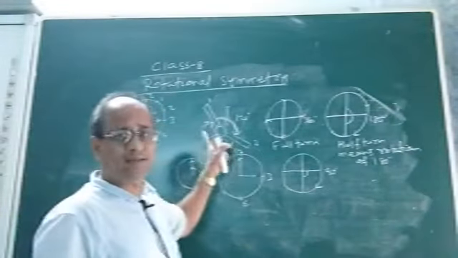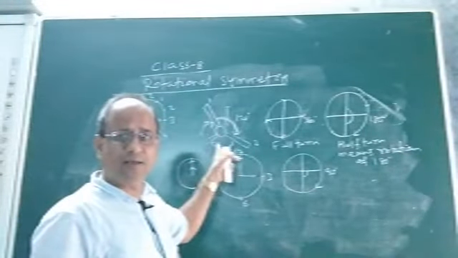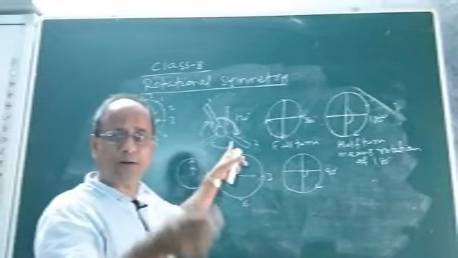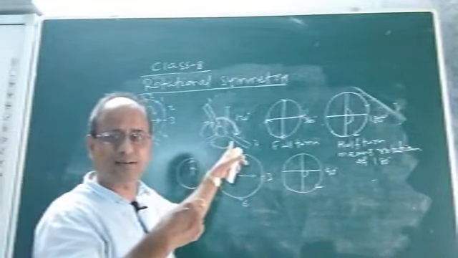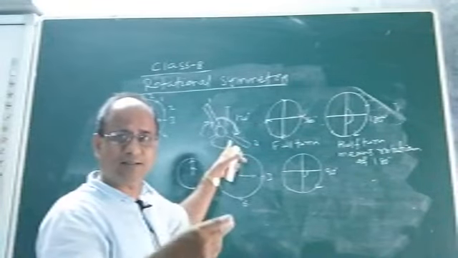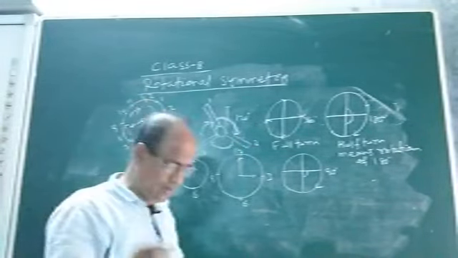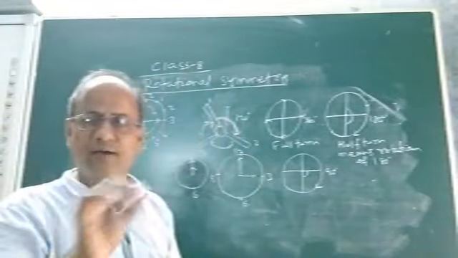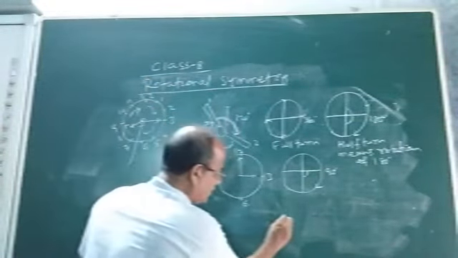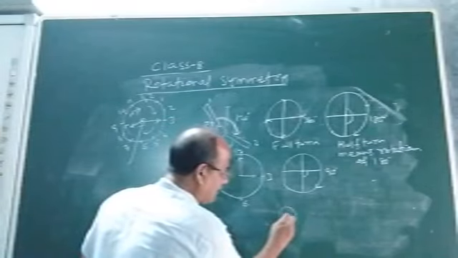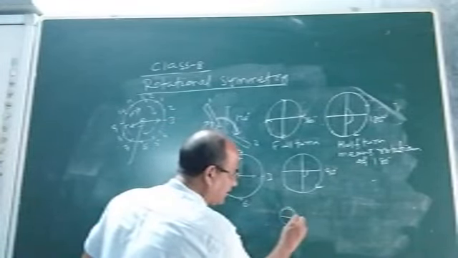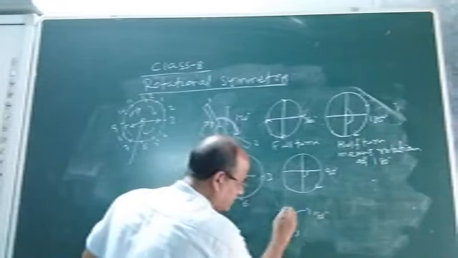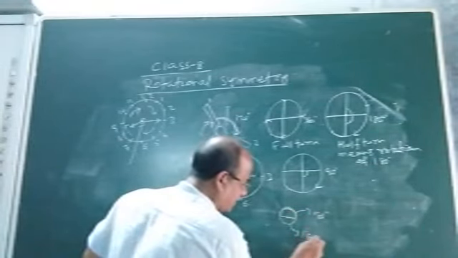So an object is said to have rotational symmetry if on rotation through a particular angle less than 360 degree, you see, less than 360 degree, because if you rotate an object through 360 degree, suppose this is one circle, this one turn is 180 degree, this is a half turn, this is another half turn, it is 180 degree.